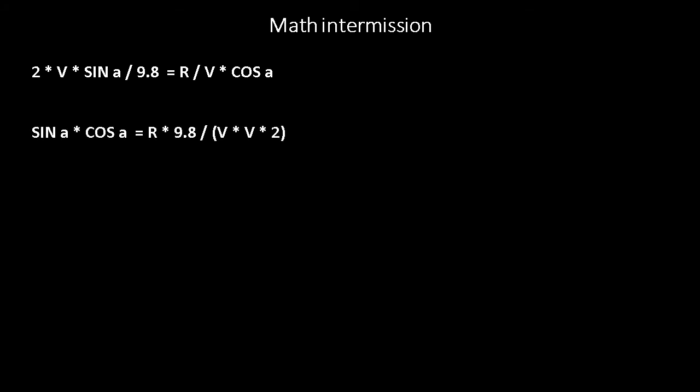So we have sine A cosine A equals this known value. We know the range, we know the velocity, and of course the 9.8. So remember this. Now from here we need a little bit of trigonometry and geometry.